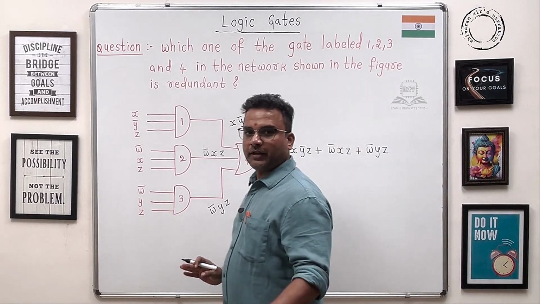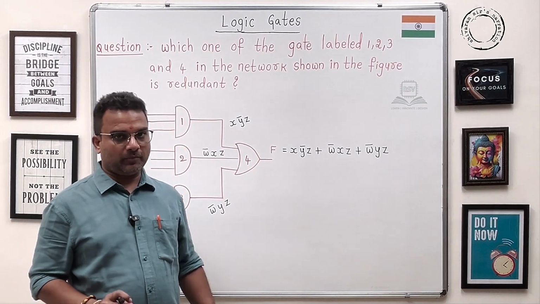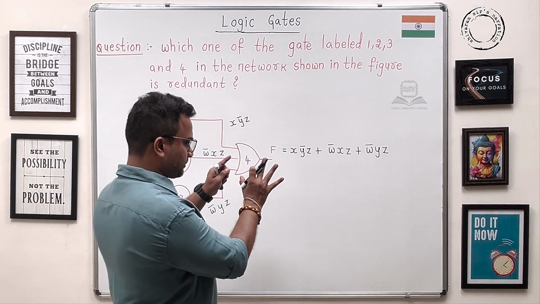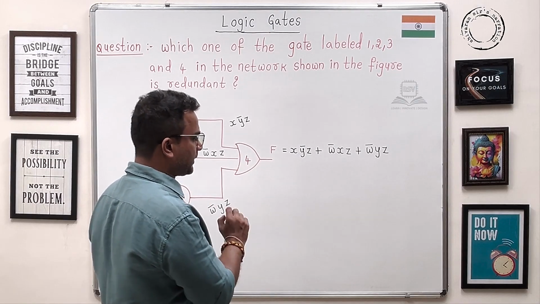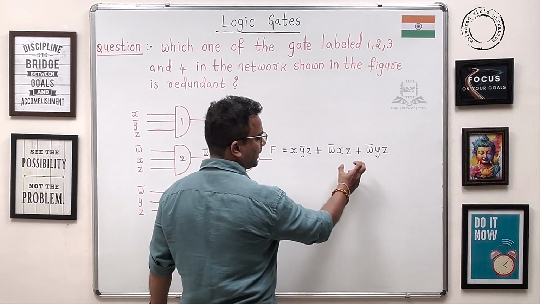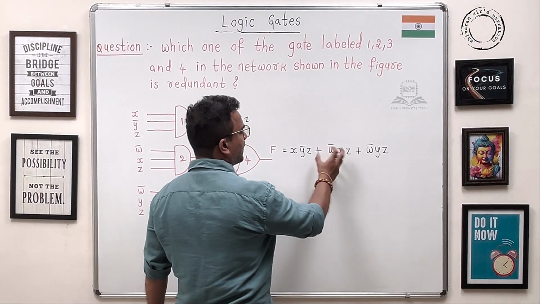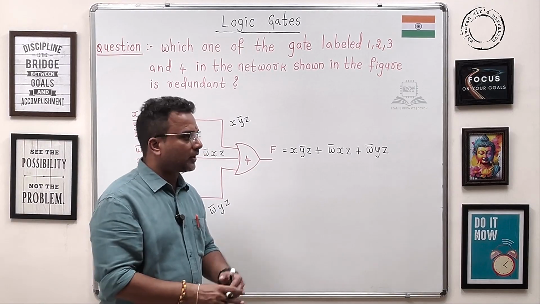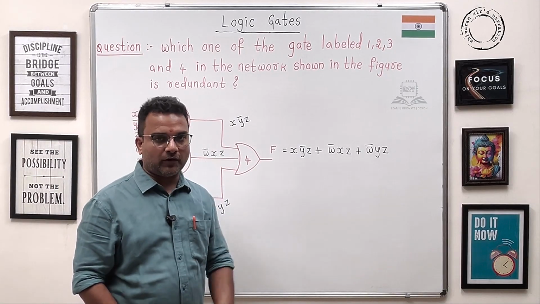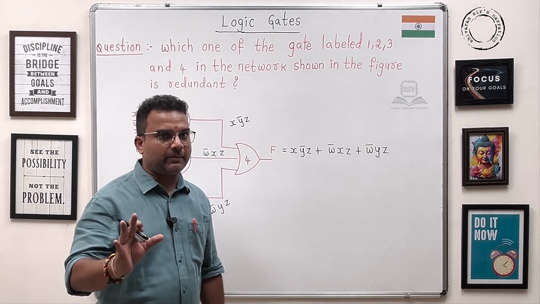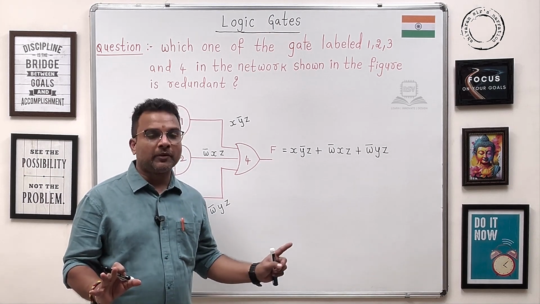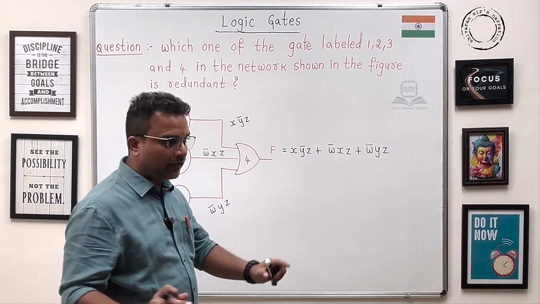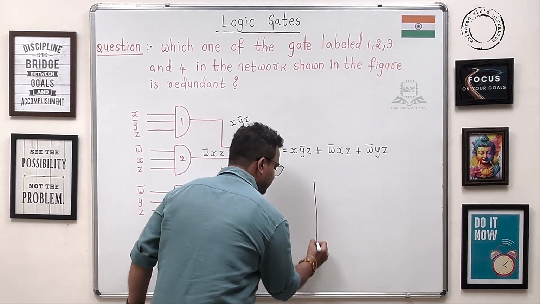It is in the simplified form, not in the canonical form. At this particular instant, if some variables are common, instead of struggling here, it's better to convert this into canonical form and draw the K-map. Once you draw the K-map, you will understand in the best possible way. Hence, without any delay, we are entering into the K-map.